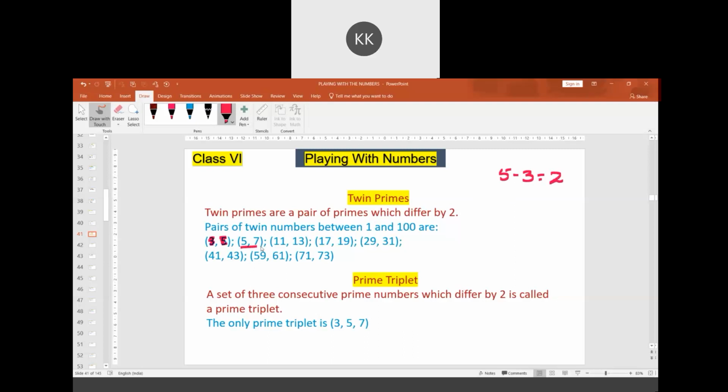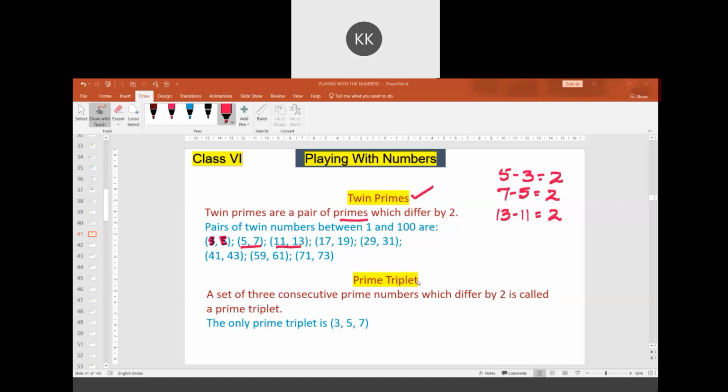If I consider 5 and 7, 7 minus 5 is 2. If I consider 11 and 13, 13 minus 11 is 2. 17 and 19, 19 minus 17 is also 2. So such prime numbers where the difference is 2 are called twin primes. Hope it's clear to everyone.